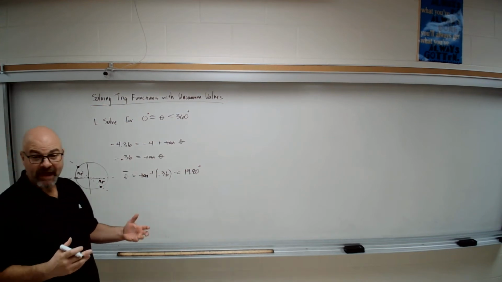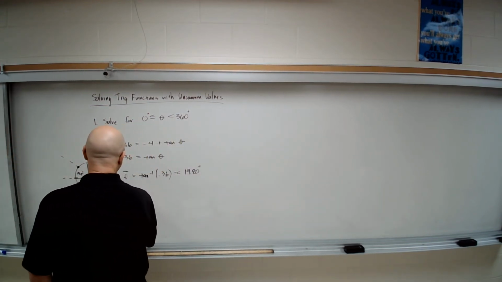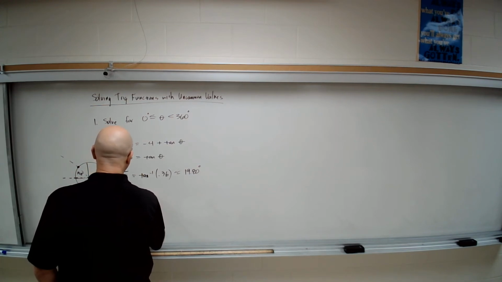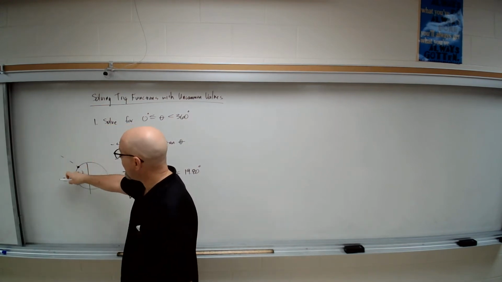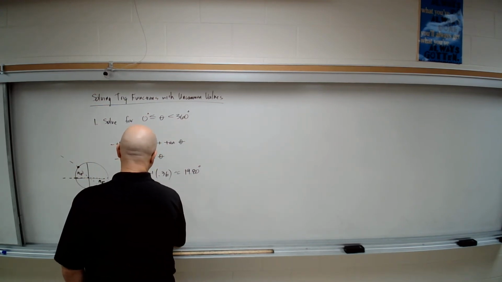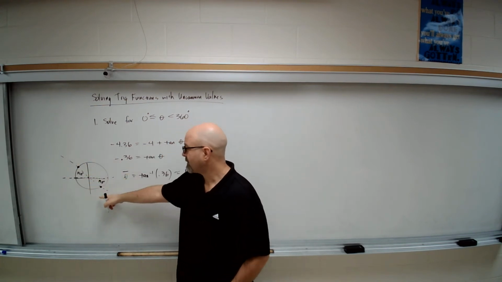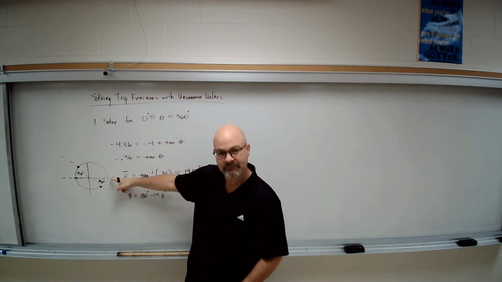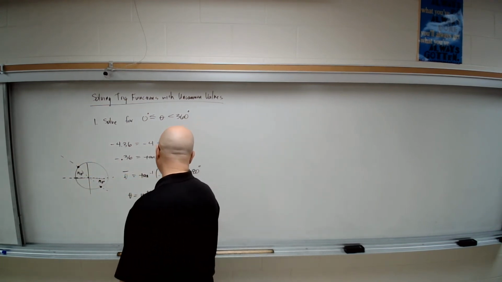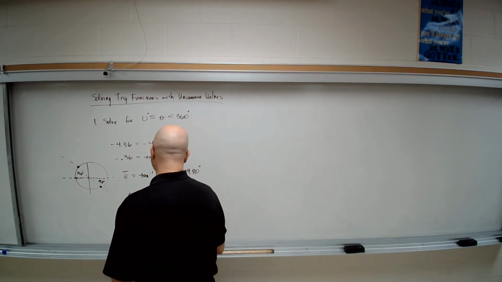So our actual thetas that we're solving for. If we look at this, theta will equal 180, which would be halfway around, minus 19.8 degrees. And then this would be a full trip around, wouldn't it? 360. And then we're taking that away, so 360 minus 19.8 degrees.